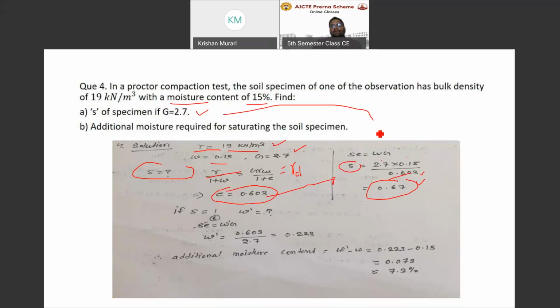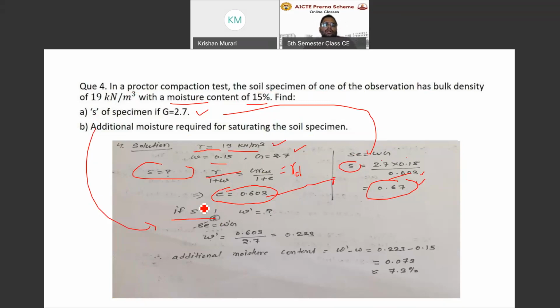The first part is completed. If the water content is 15%, then the degree of saturation is 67%. In the second part, it is asked: if saturation is 1, that means the soil is fully saturated, that means the degree of saturation is 100%.